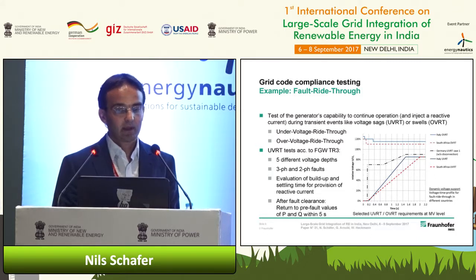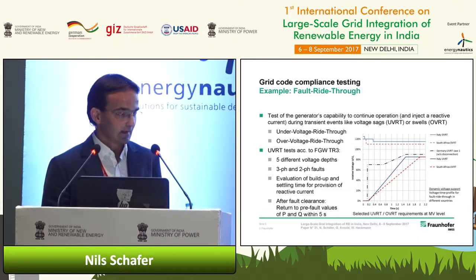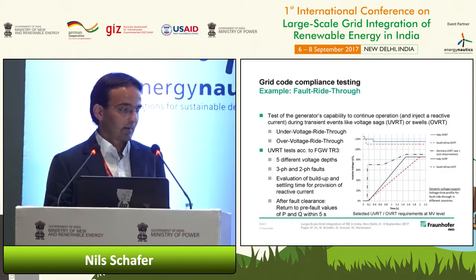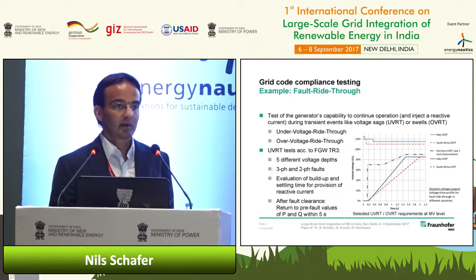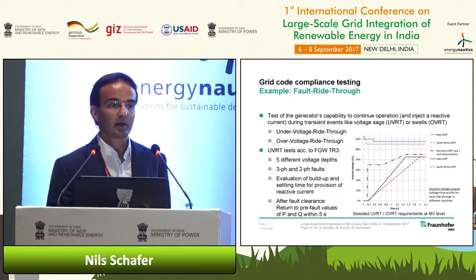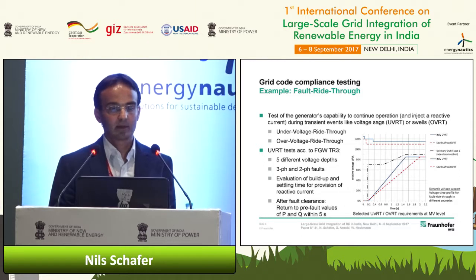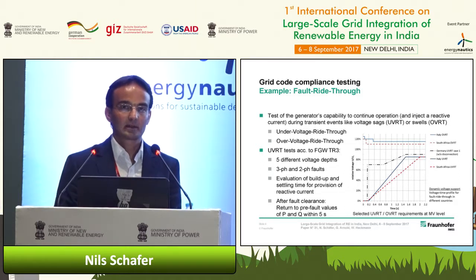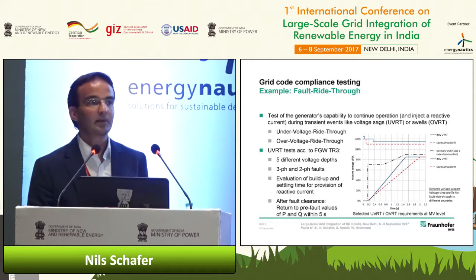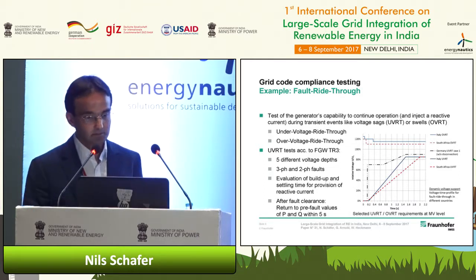The build-up time is defined as when the reactive current, which has to be supplied, first reaches the tolerance band, and the settling time is the time when it last leaves the tolerance band.